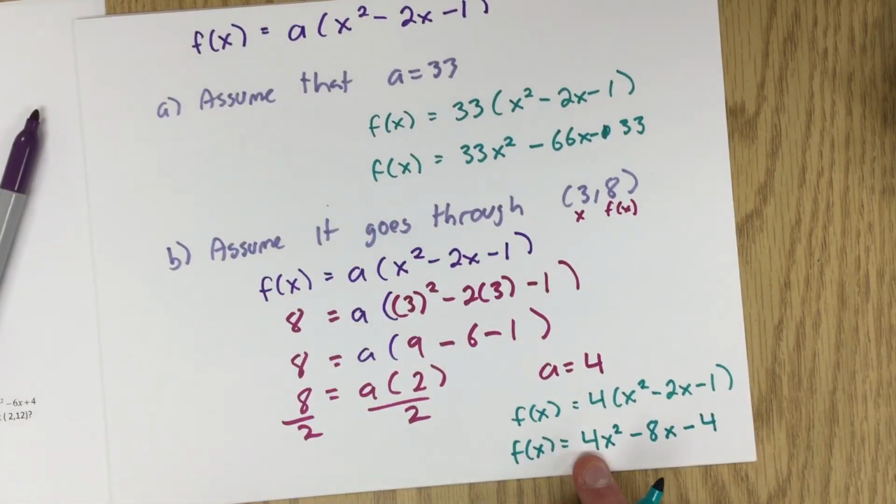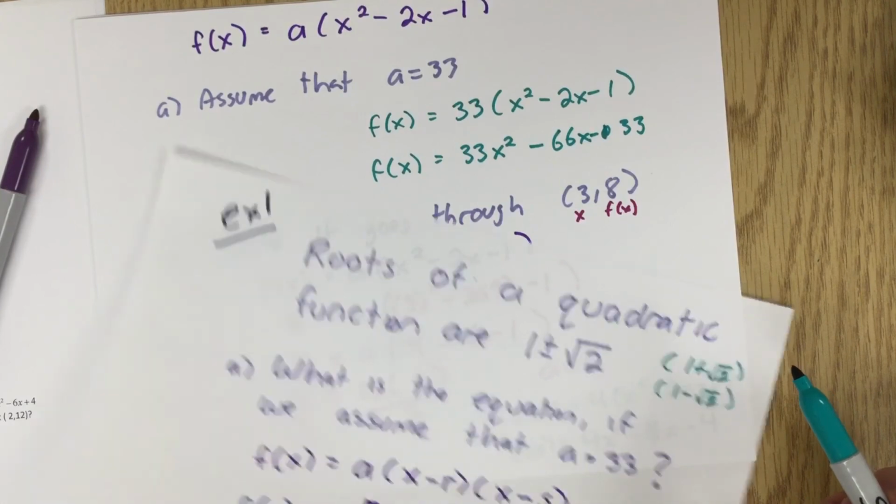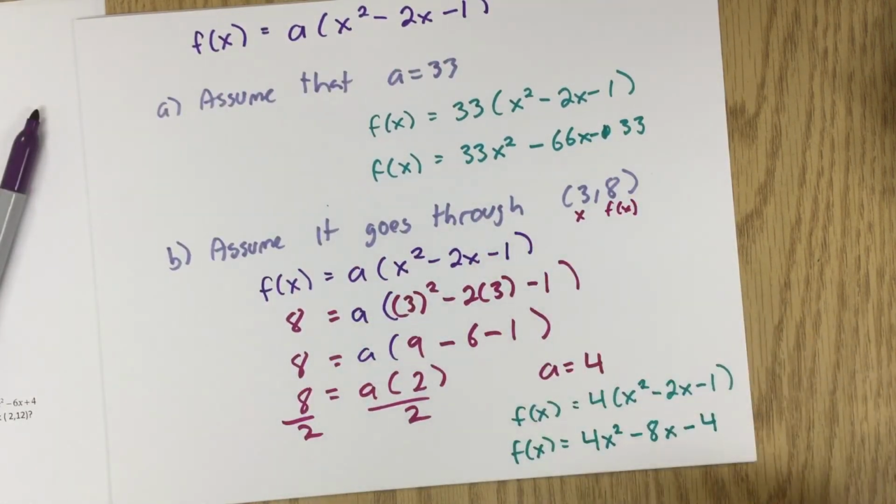So this is the equation that has roots of 1 plus or minus root 2, and that goes through the point 3 and 8.